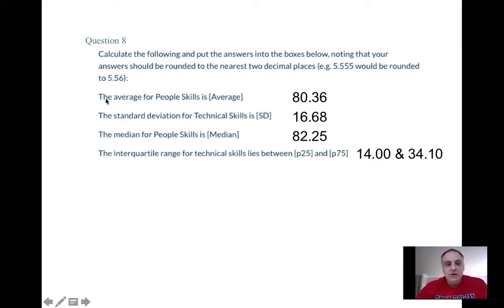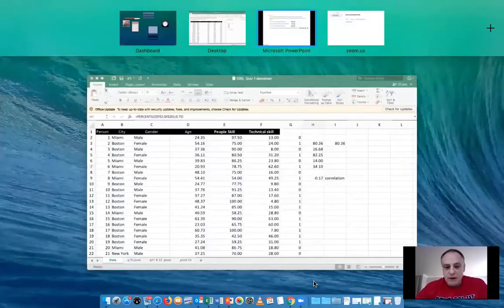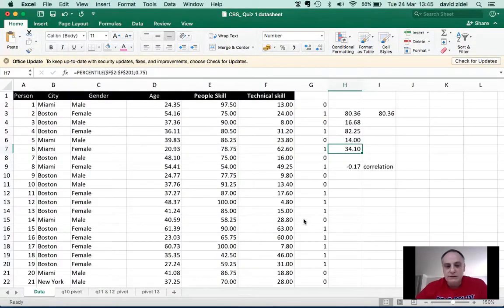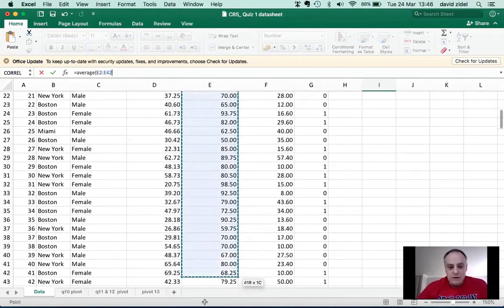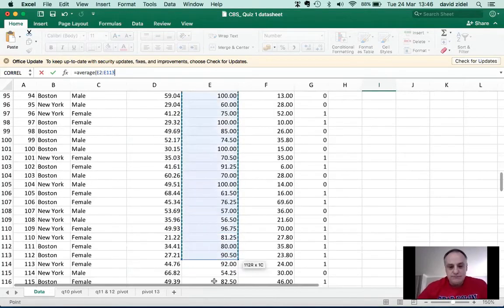Okay, so the average for people's skills. If we have a look at the average for people's skills, you would put in the word average and show the range. We're looking at people's skills from the beginning of the range all the way to the end of the range.